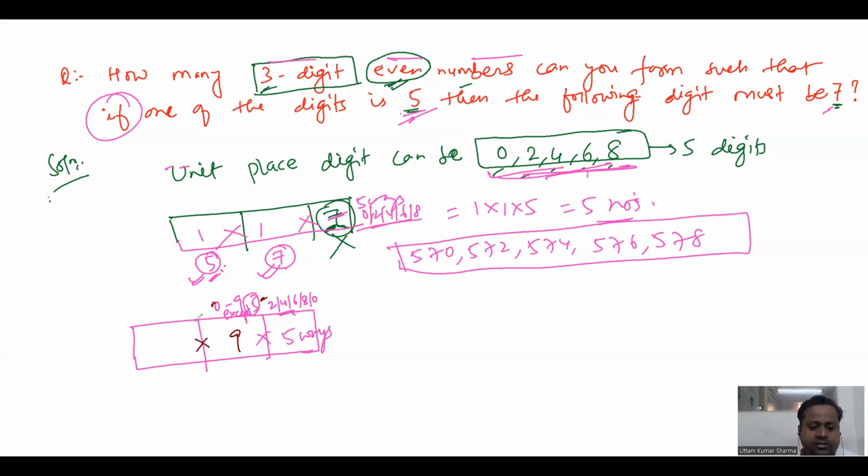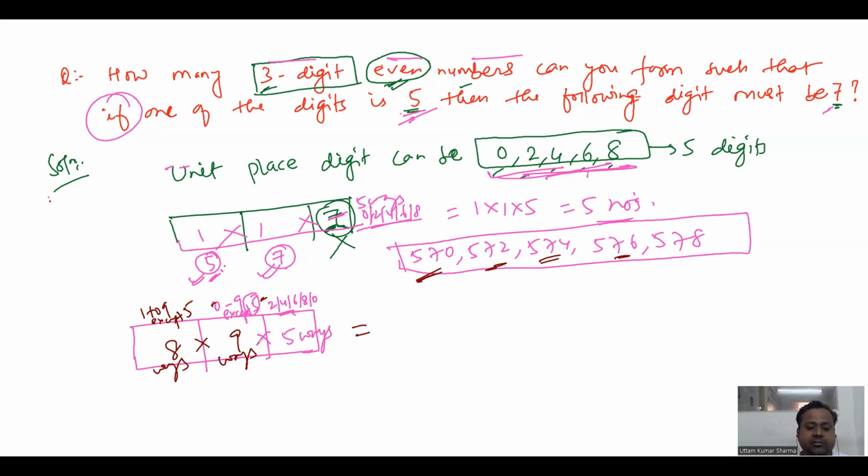And what about the hundreds place? You cannot take 0, and you cannot take 5. So 1 to 9 except 5. There are 9 digits from 1 to 9, and again you cannot take 5 because that case has already been counted. If you take 5, then 7 and all those cases. So you are left with only 8 choices to fill this place. So you have 8 ways to fill the hundreds place, 9 ways to fill the tens place, and 5 ways to fill the unit place.